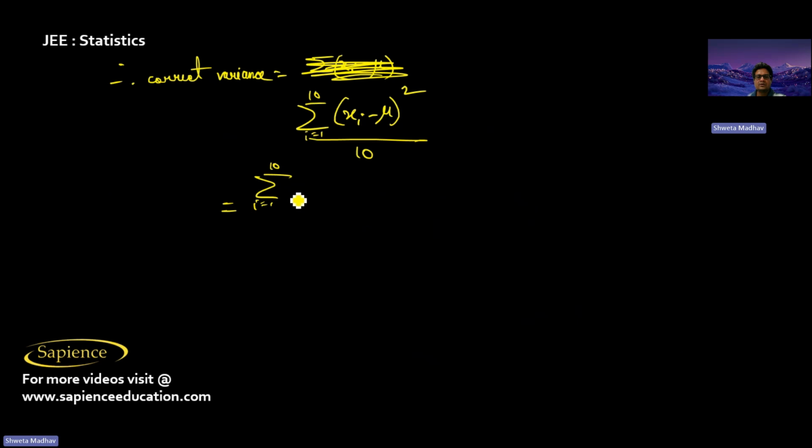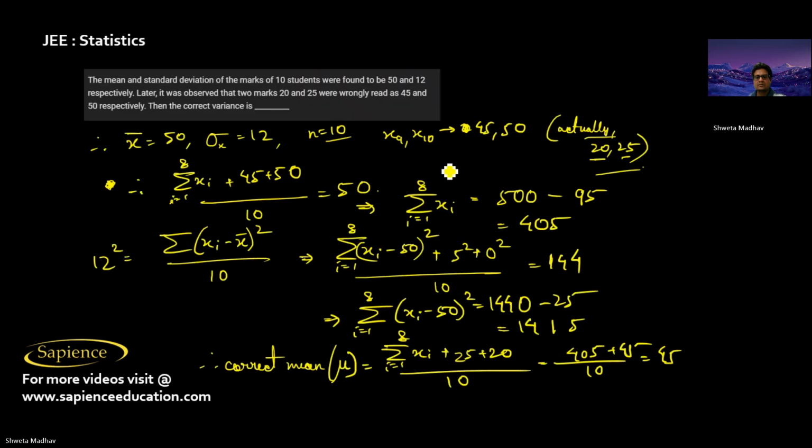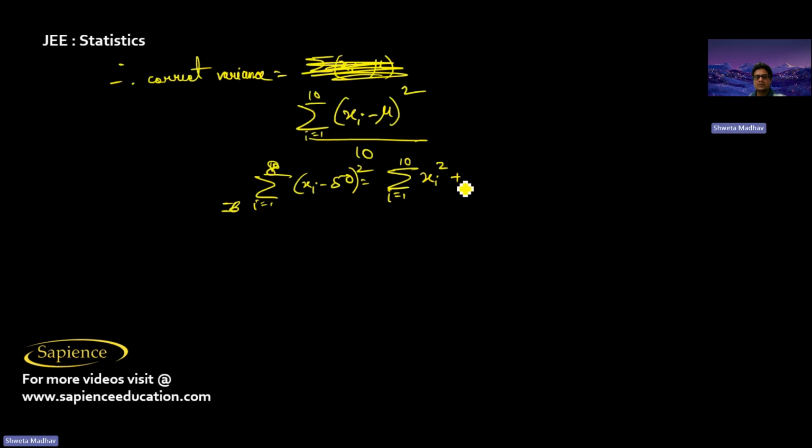Summation of (xi minus 50) whole square, that is summation i goes from 1 to n. This will be xi square plus summation 50 square, minus summation 100 xi, i goes from 1 to 8.